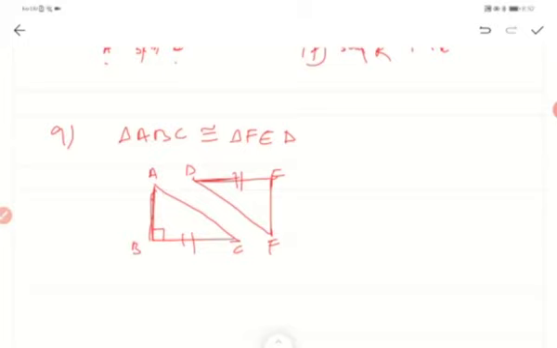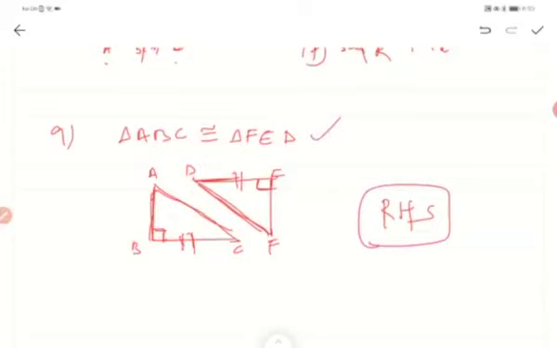Since here also angle E is 90 degrees, and this is also 90 degrees, and we can see that this side is equal, and hypotenuse according to RHS rule, right angle, then one side is equal, and hypotenuse will also be equal. So according to RHS rule, these two triangles are congruent.